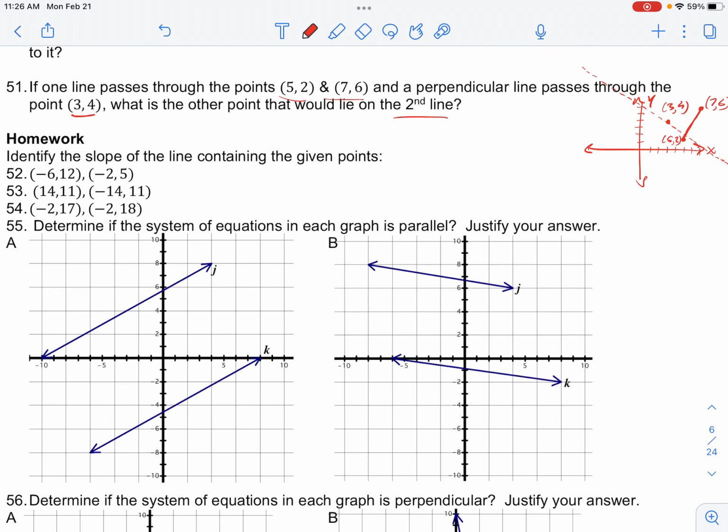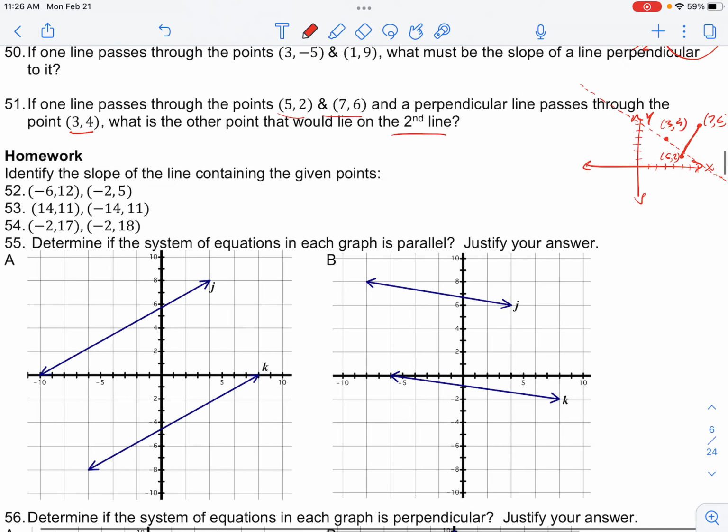Or if we put it into point-slope form, y minus y naught is equal to our slope m times x minus x naught, where y naught and x naught is this point (3, 4), then it makes our life much easier because we only need to find the slope. To find the slope, that would be the opposite reciprocal of the slope that we find from these two points. So first, let's find that slope.